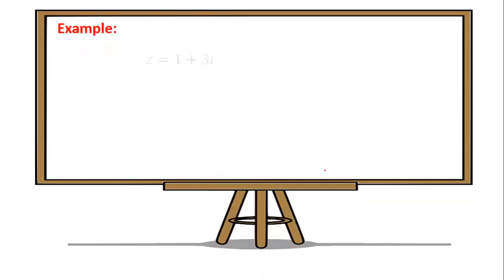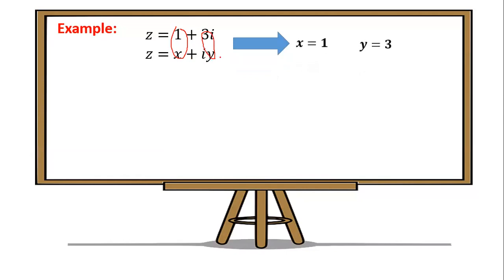Let's solve a direct example about the modulus. Given that z is equal to 1 plus 3i, it is a complex number written in algebraic form. So by comparison, we get that x is equal to 1, while y is equal to 3.